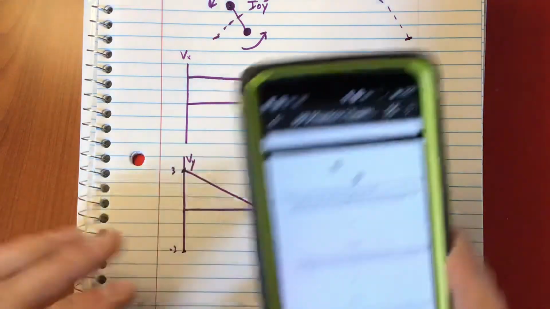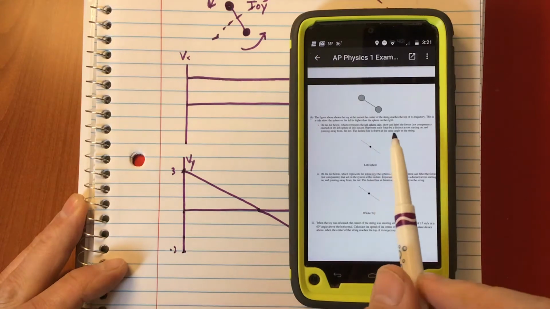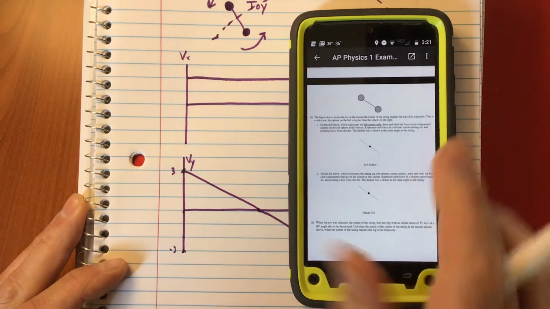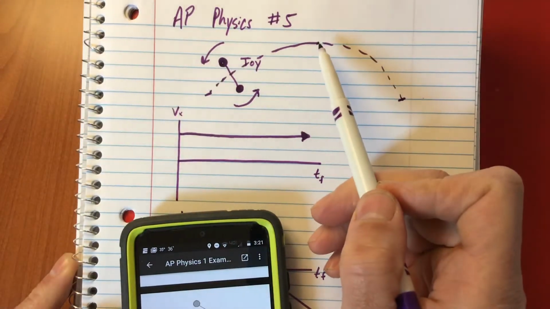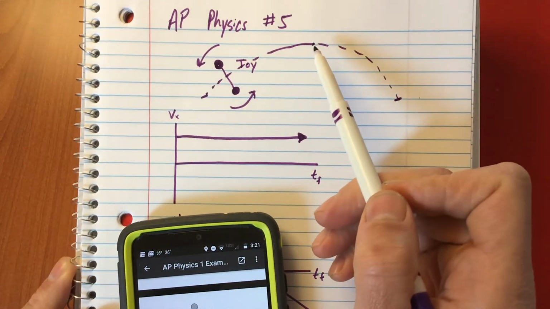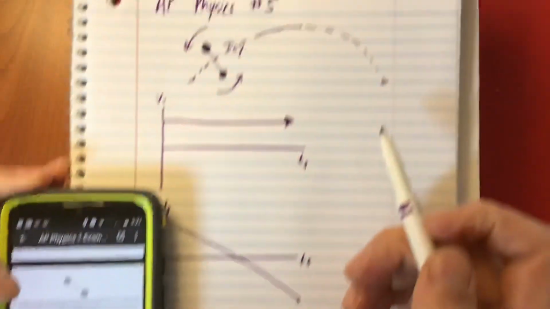For B, it asks for a free body diagram at the peak. So the toy's at the peak, and they want the forces acting on the left sphere. I'll draw that here.